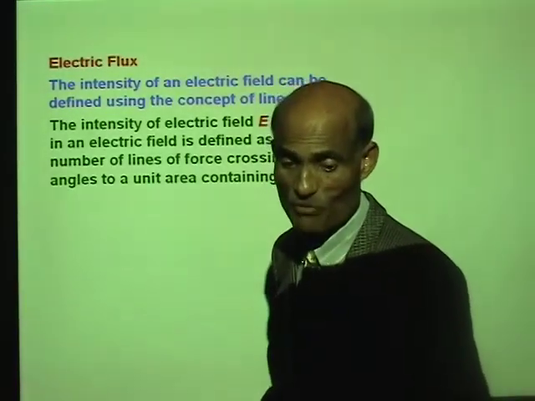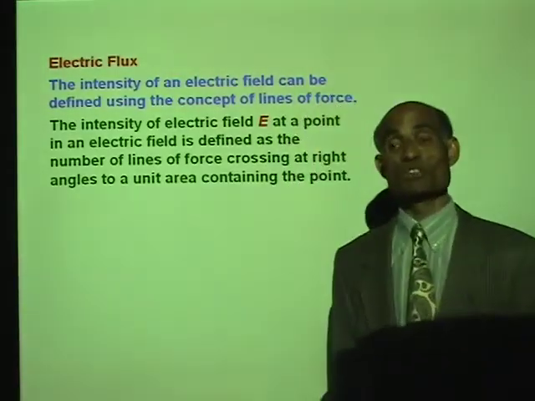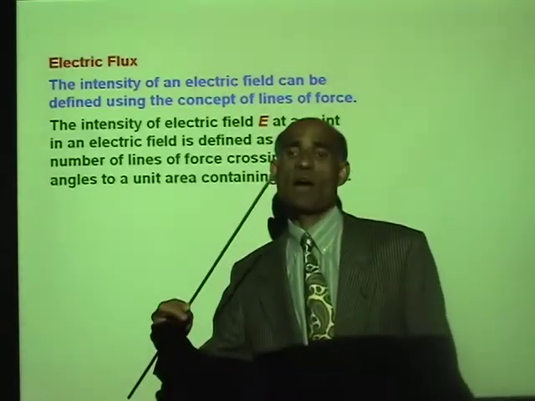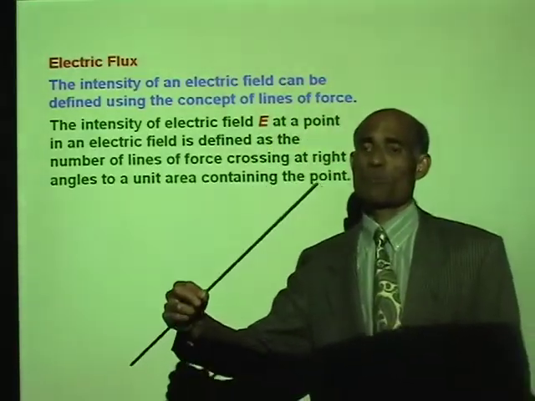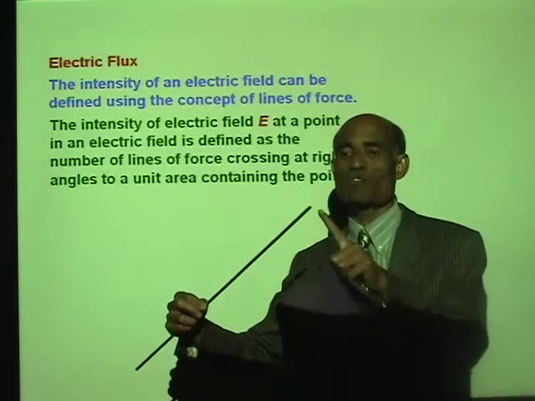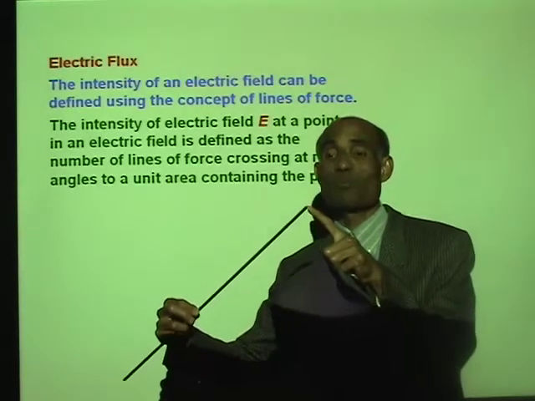Now this time, when you want to define the electric field using the concept of flux, suppose I am pointing at a point in space, and I want to find the electric field at that point.